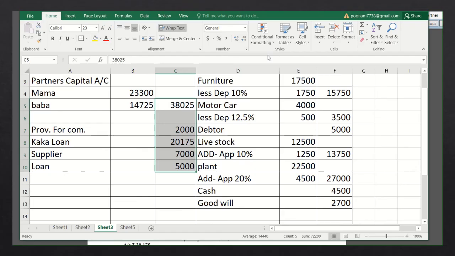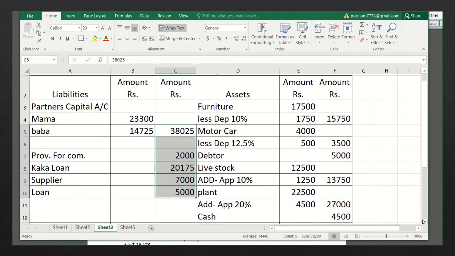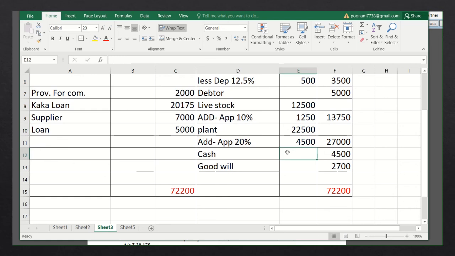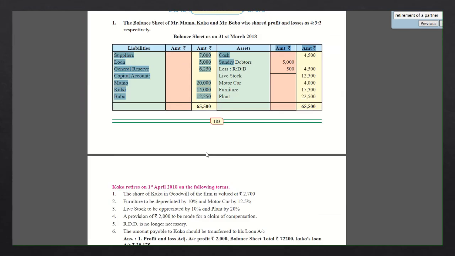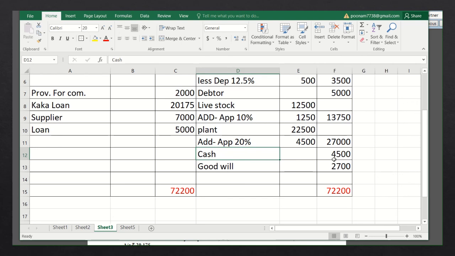So we have to write the debtor as well as cash. I have written the debtor and cash. There is no payment. The opening balance of cash was 4,500 and no cash transaction happened after that, so the balance will be written as it is.